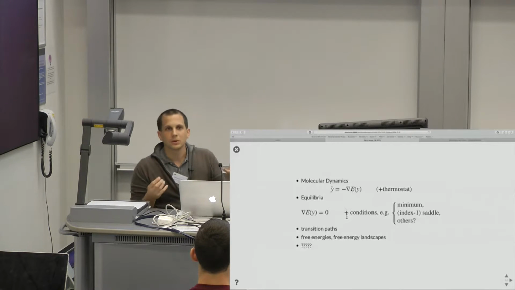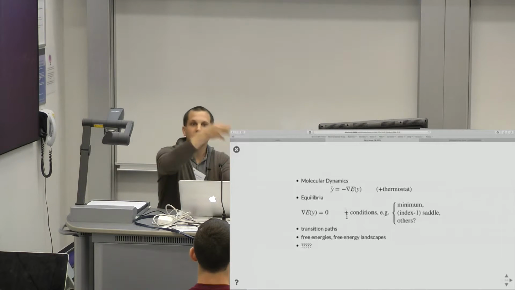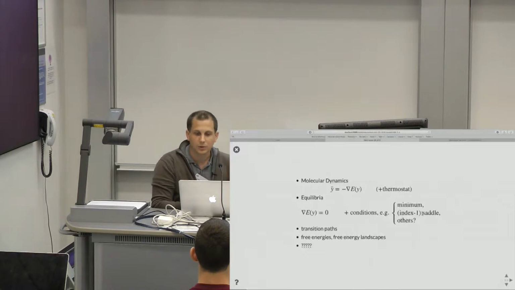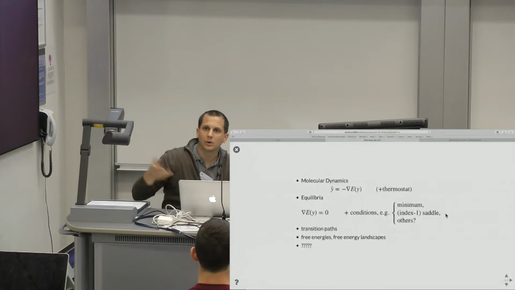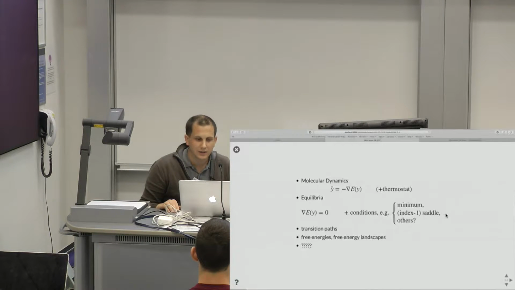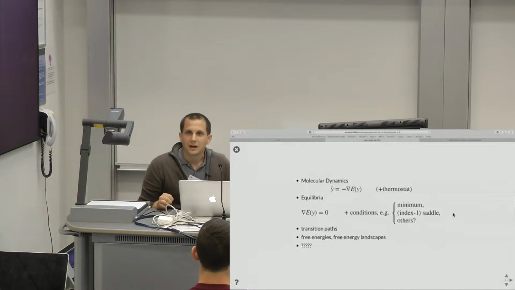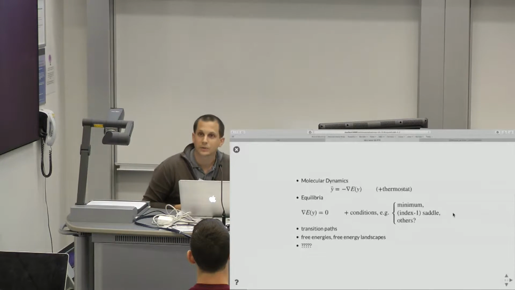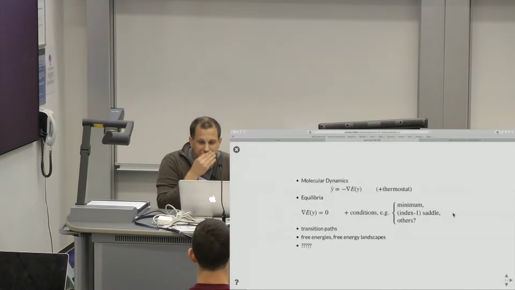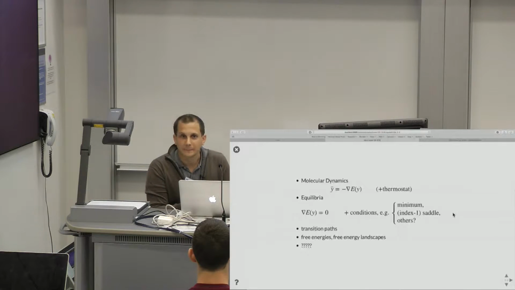But you actually might want to know how you jump from a minimum to a minimum. In that case, what you want to find are the saddles between the minima. And you can keep going. There are lots and lots of problems that are very simply stated in mathematical terms, and some are easy to solve, some are incredibly hard to solve. For example, the saddle search is essentially an unsolved problem. And there is a lot of fun numerical analysis to be done.